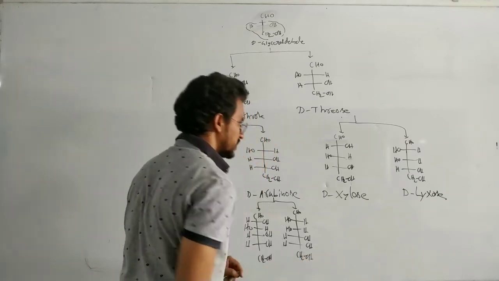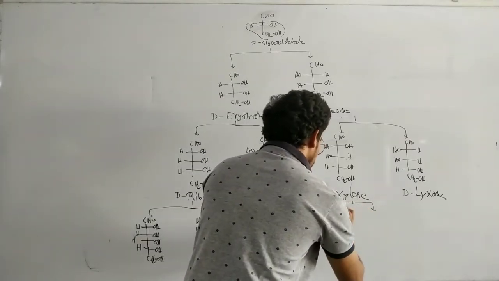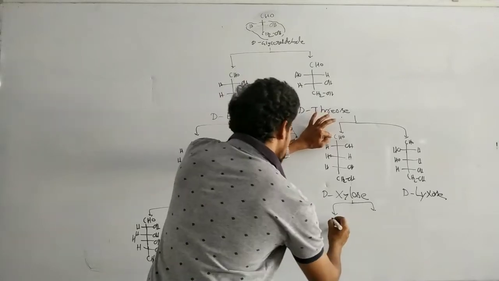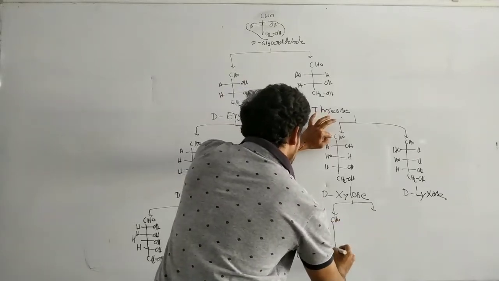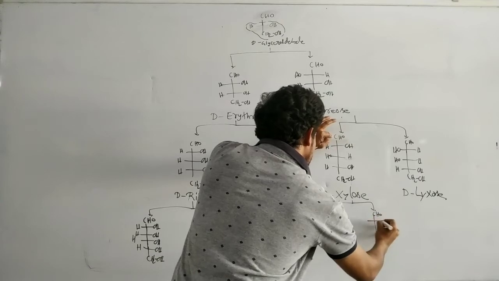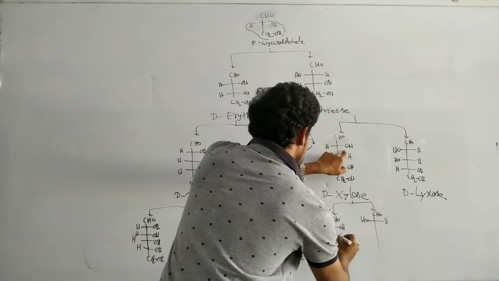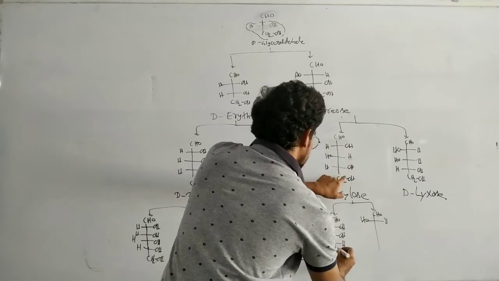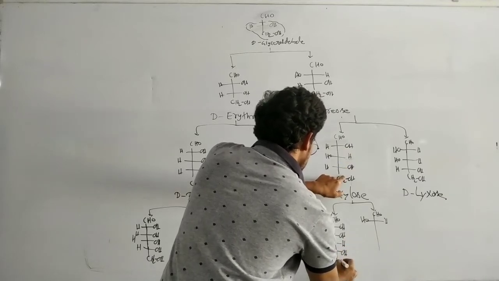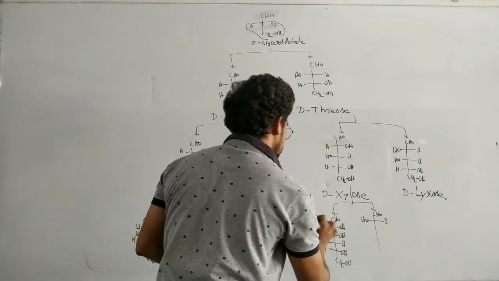Okay, CH2OH. Again for this one, another two. Another two. That means here CHO, OH on the right side. CHO, OH on the left side. So remaining same. That means OH, H, here OH, CH2OH. Hydrogen, this one OH, this one hydrogen.